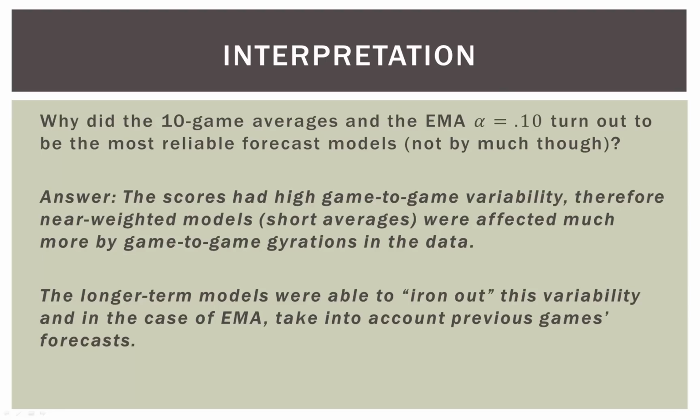And by doing so, it was able to minimize the error on either side of it. So that's why our EMA of 0.1 turned out to be our best model, because we had a lot of data that fell on either side, but the distance to either side was the smallest.